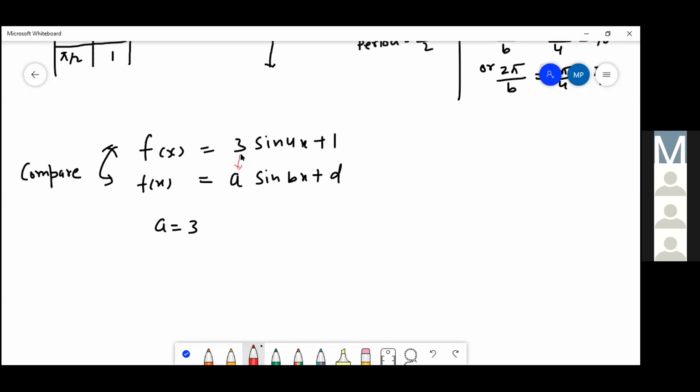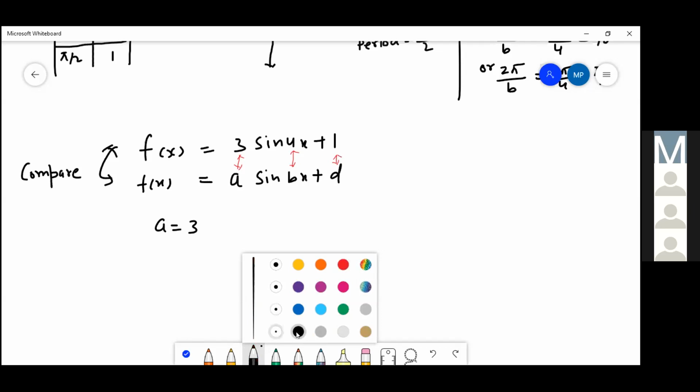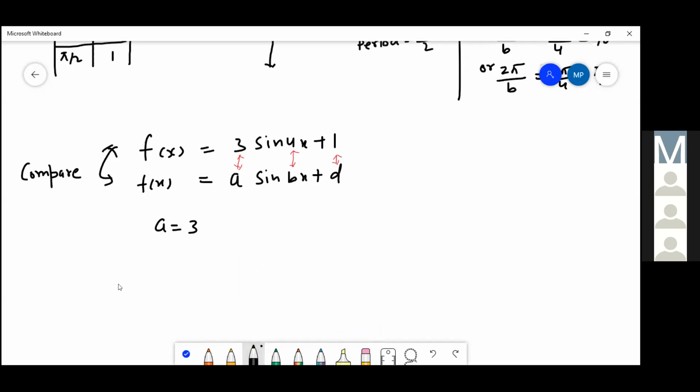This is a, this is b, and this is d. Oh, this is the same question as above. Yeah, same question, but this time we are not using the graph. Simply a shortcut way. So a equals 3, correct?